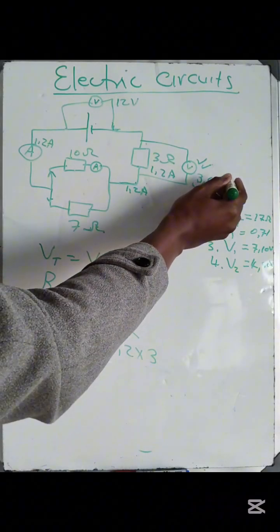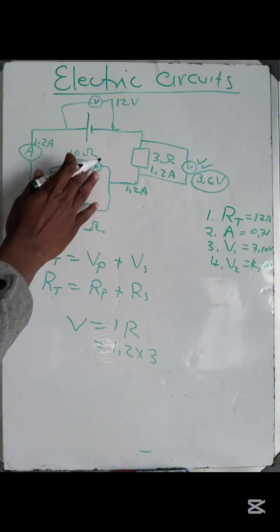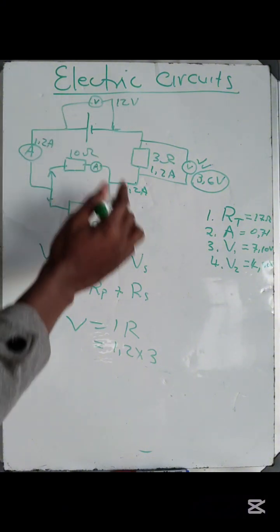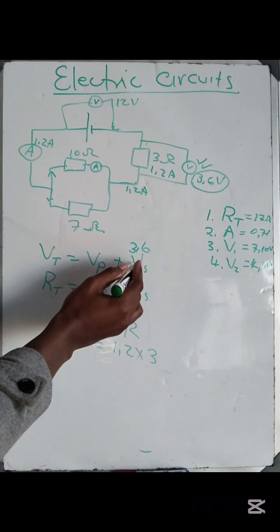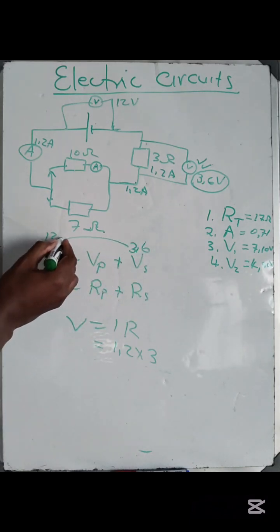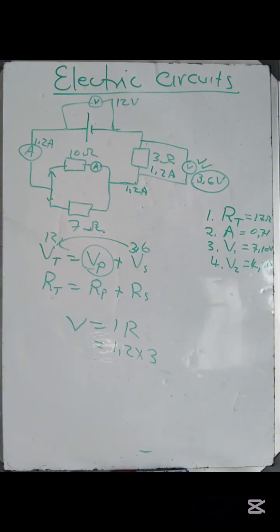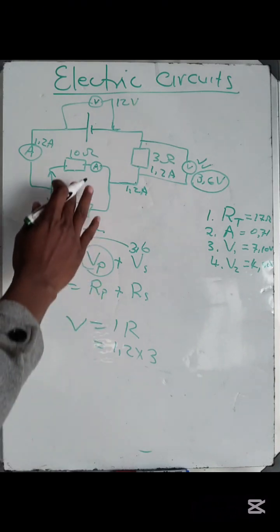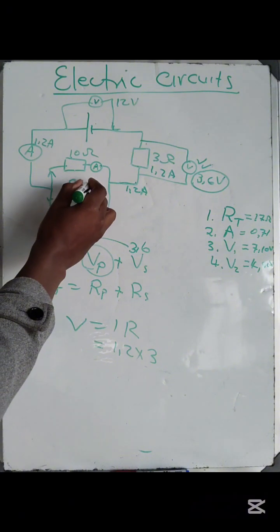But the total voltage is 12, and the series is not 3,6 of the total. So I can transpose to get the voltage for parallel. It will be 12 minus 3,6, which will be 8,4 volts.